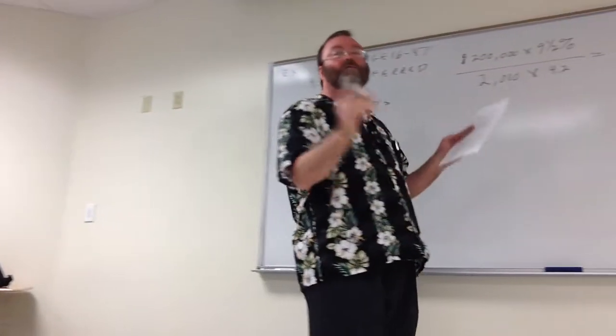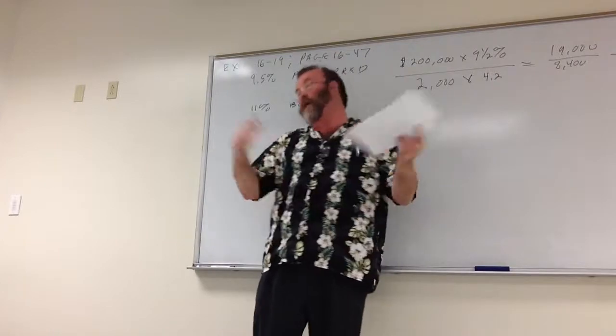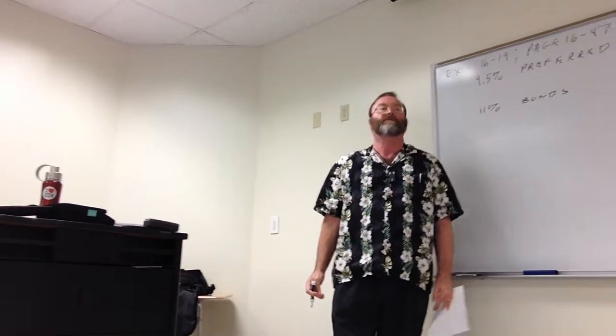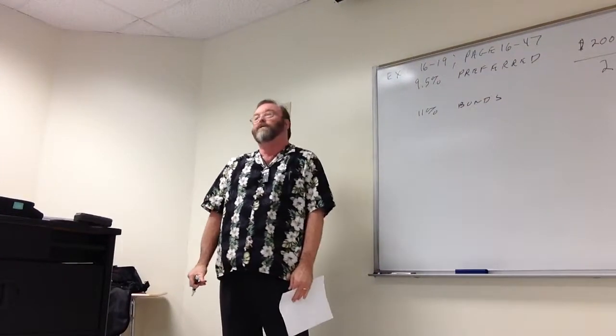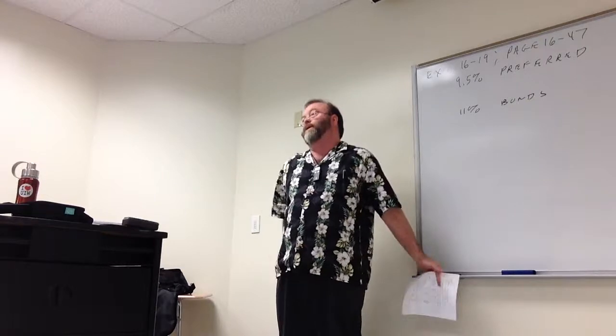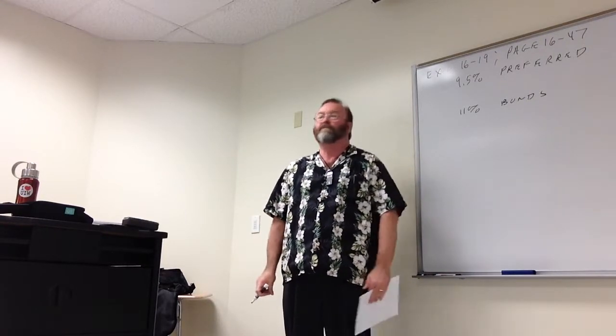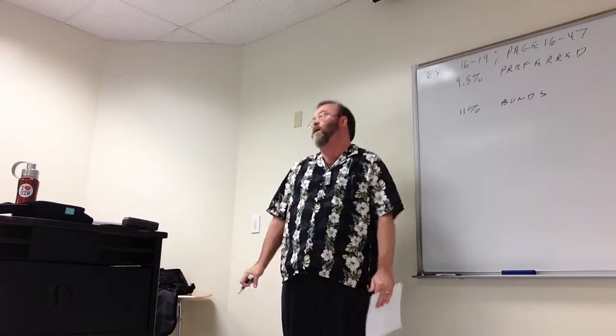Well, the numerator with bonds is what? It's not a preferred dividend, but how does it affect the numerator from basic earnings per share? What is the numerator? Net income minus preferred dividends, right? So how does it affect net income?